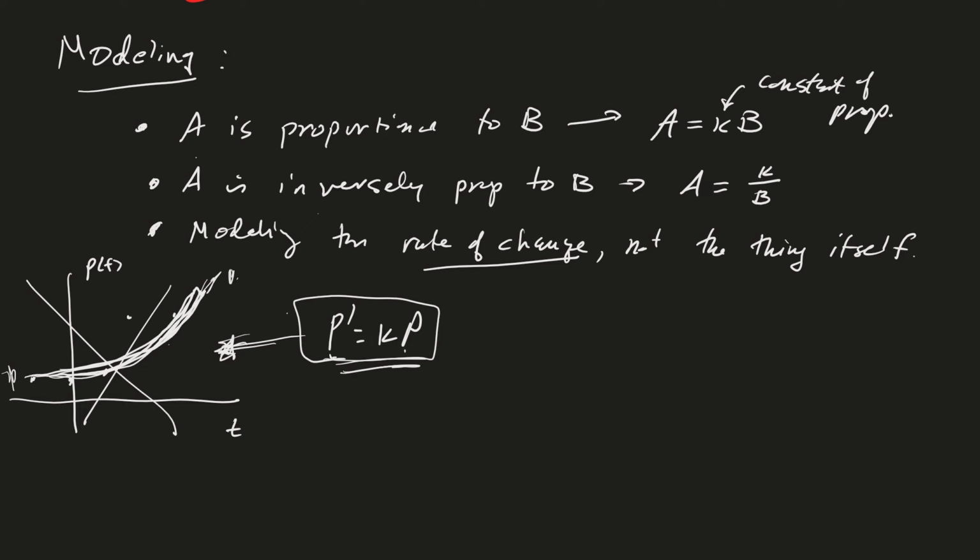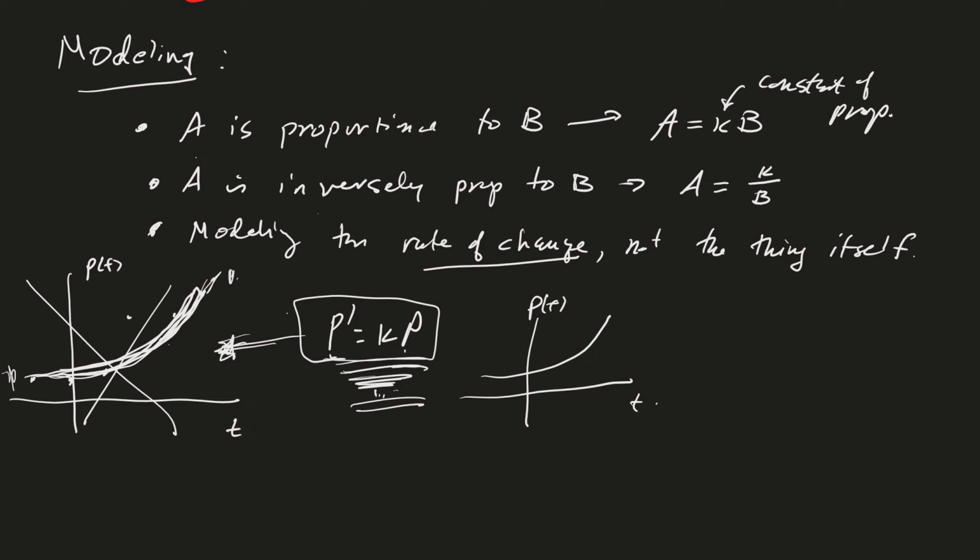Done. That's the only thing we're modeling in this model of population. And from this, you can also get that P of T is an exponential model. But of course, this tells you a lot of information about your underlying assumptions. So this is kind of the gold standard. A differential equation is going to be a gold standard for being able to write a model for a mathematical object.